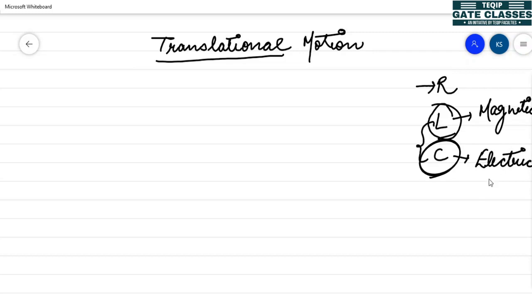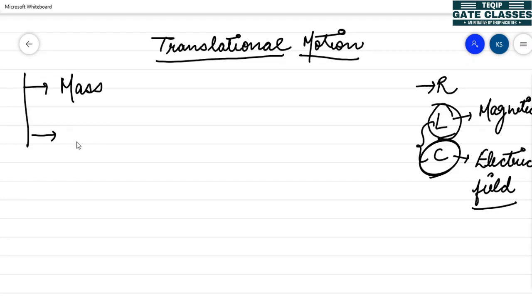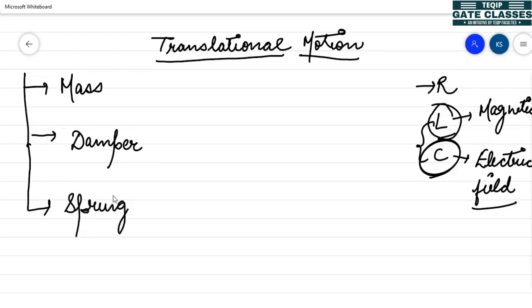in electric field. In the same way, translational motion of a mechanical system is also represented by three elements that are mass, second is damper, and third is spring.